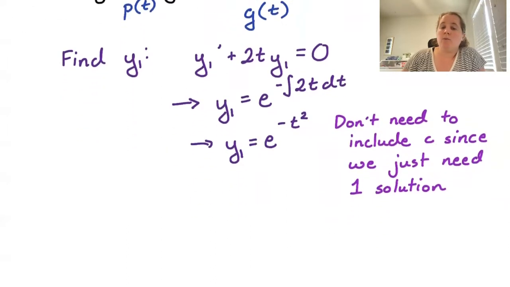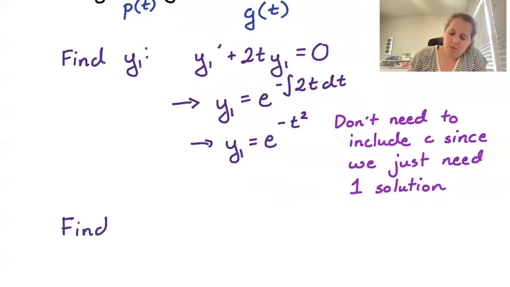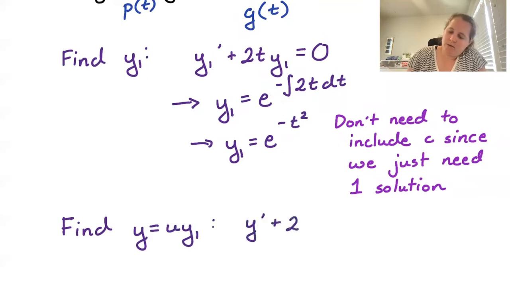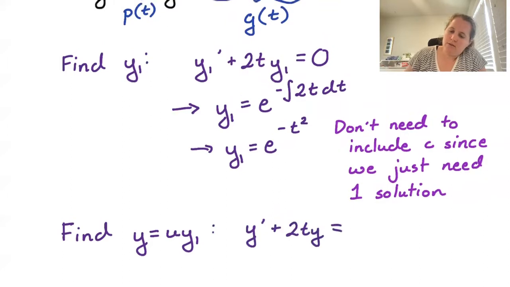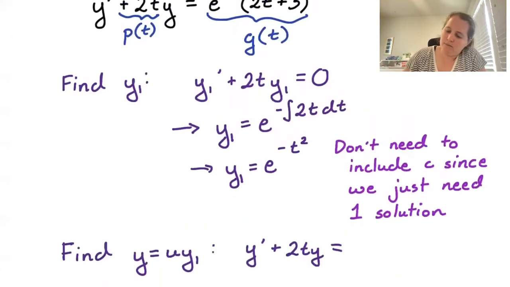Once we have our y1, then we can go ahead and solve for our u. So we're going to find a y equaling u times y1 such that y prime plus 2ty is equal to e to the 3t times 2t plus 3.